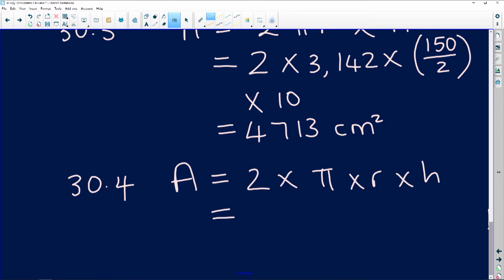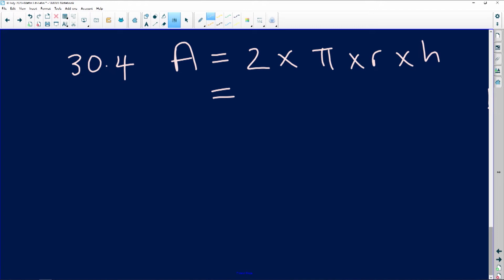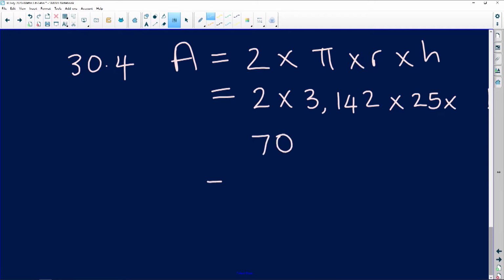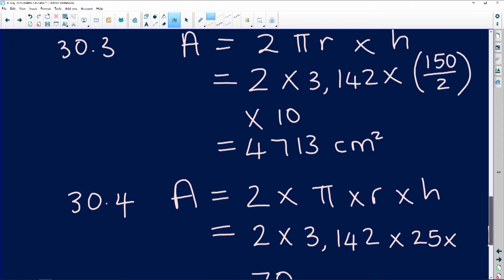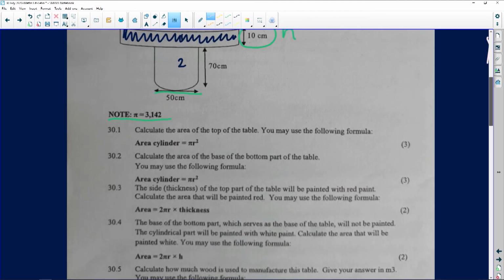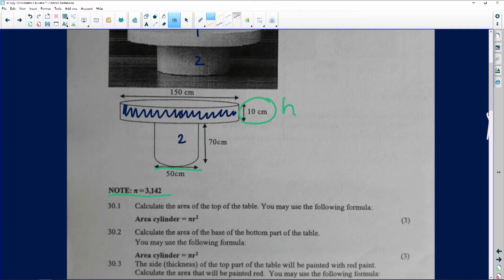Okay, so I've put those multiplication signs on purpose in there. So 2 times 3.142 times the radius, and we know that it's 50 divided by 2, so it's going to be 25, times the height, and the height in this particular case is 70. And let me just show you what we are working with in terms of the picture up here. So the height in this particular case is going to be the 70, and that is the thickness, okay?